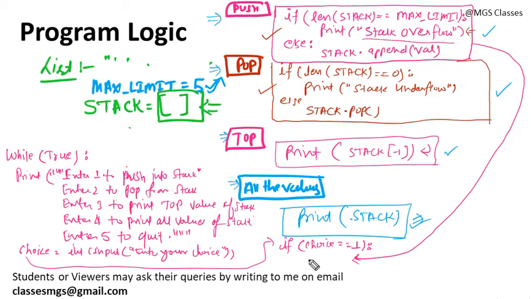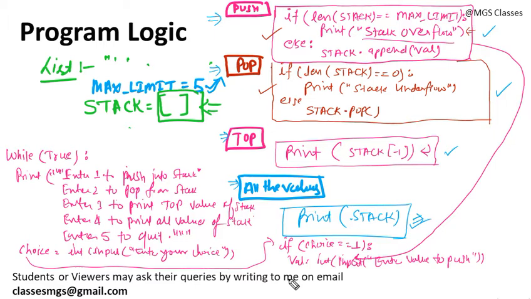I will ask the user for the value, so let's write it clearly so that you can get an idea: value equals integer, enter value to push. So this value we are essentially pushing using this code.